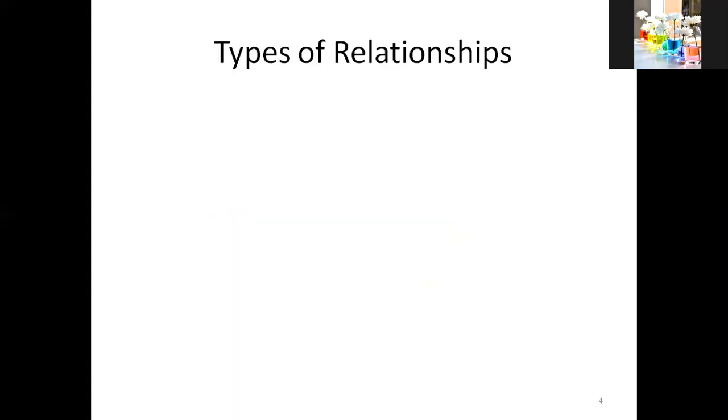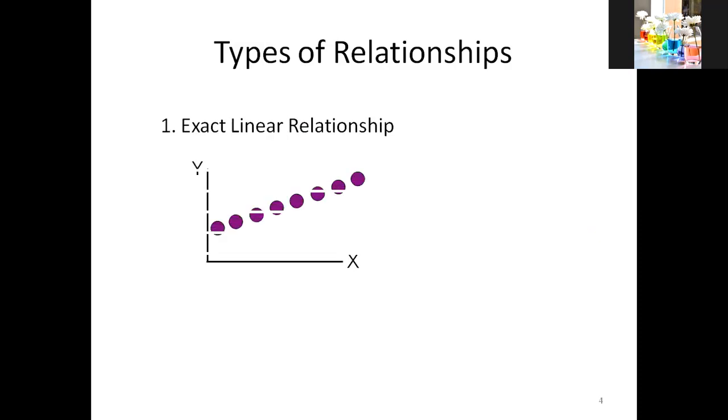Let's look at the types of relationships available. There are 5 types I'm going to describe. First one is called an exact linear relationship. That means all the points lie exactly on a straight line. The data points follow linearity. Normally, this is a man-made relationship.